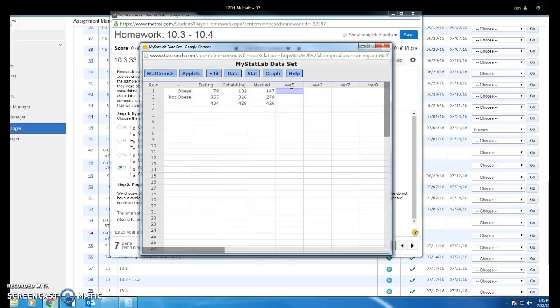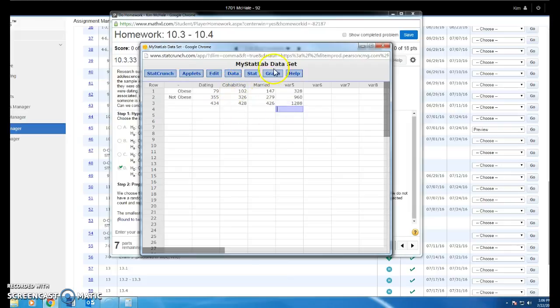And then my row total, 79 plus 102 plus 147 will be 328. And 355 plus 326 plus 279 will be 960. And then my total across and down should be the same. So if I add 960 and 328, let's say first, I get 1288. Let's make sure if I add these three I also get that. 434 plus 428 plus 426. And I do. I get 1288.